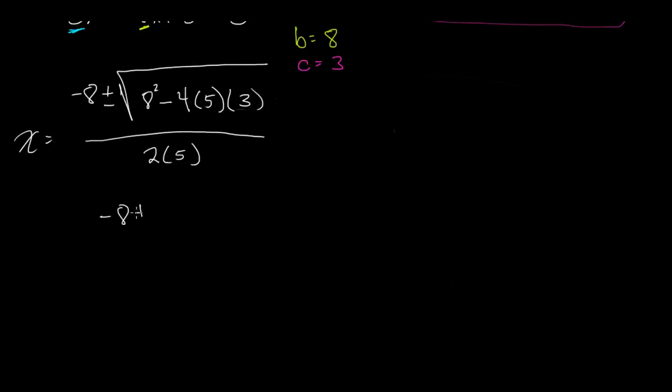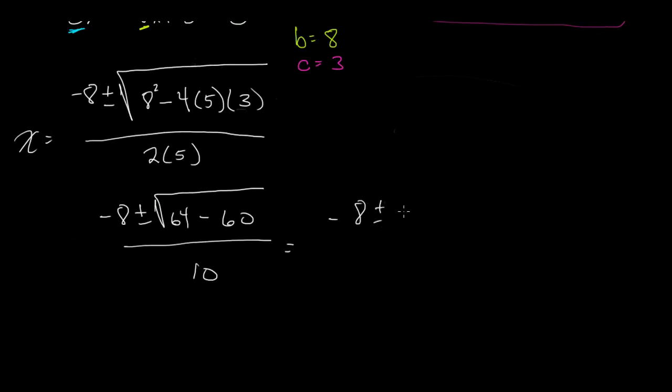So negative 8 plus or minus the square root of 64 minus 20 times 3 is 60, all over 2 times 5 is 10. Or negative 8 plus or minus the square root of 4 all over 10. Or the square root of 4 is 2, so that's negative 8 plus or minus 2 all over 10.